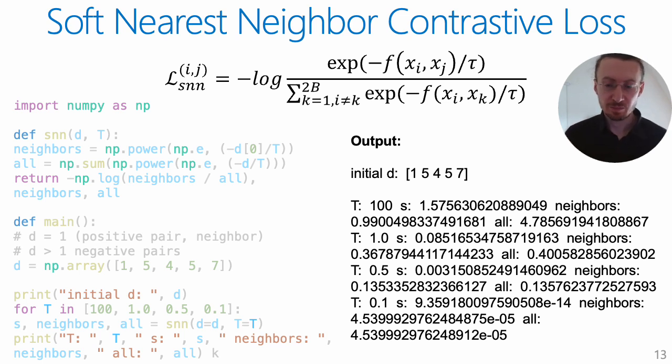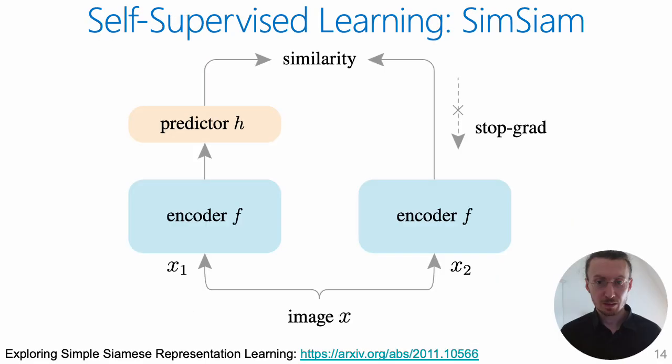For the highest temperature of 100, the loss is dominated by the negative pairs. The overall loss is high. On the opposite end of the spectrum, for the very small temperature of 0.1, the loss is dominated by the positive pairs and matches the value for all other pairs.